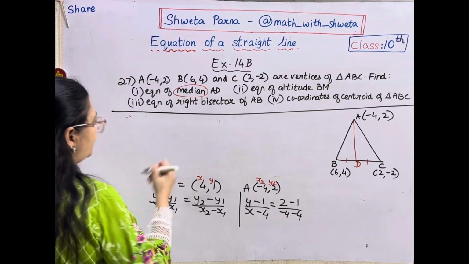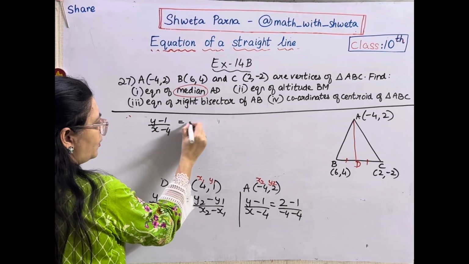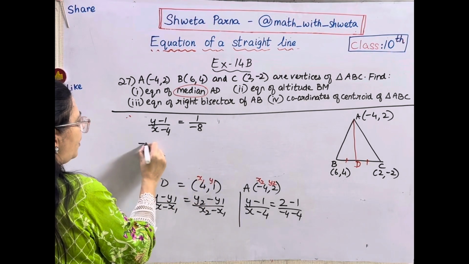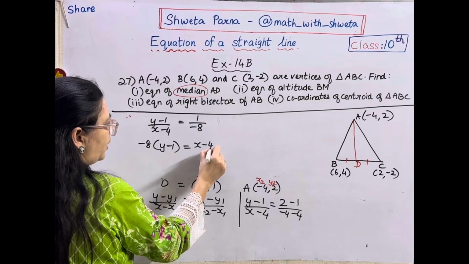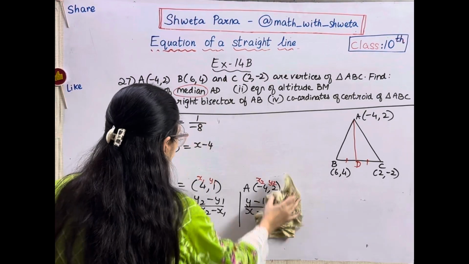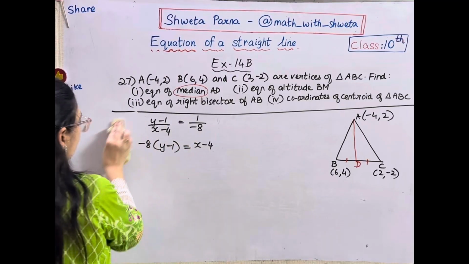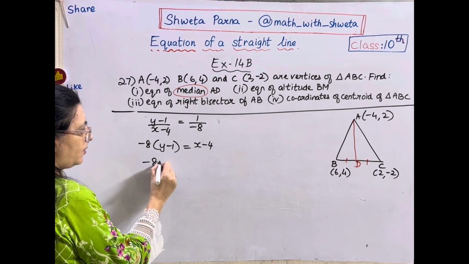So this will become y minus 1 upon x minus 4 is equal to 1 upon minus 8. Now cross multiply. Minus 8 into y minus 1 is equal to x minus 4. Open the bracket. Minus 8 into y is minus 8y.